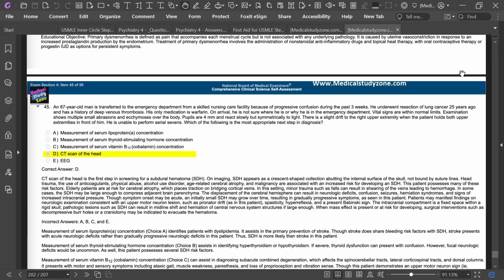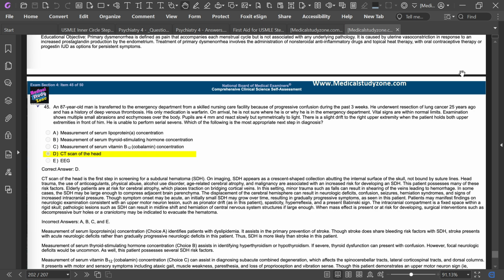The displacement of the cerebral hemisphere can result in neurologic deficit, confusion, seizure, herniation syndrome, and signs of increased intracranial pressure. Symptom onset may be acute, and initially small subdural hematoma may grow over time, resulting in gradually progressive symptoms as seen in this patient.